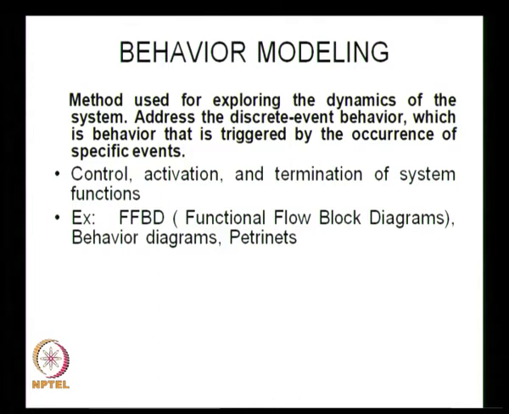We will see some of these methods and try to understand how the dynamics of the system can be modeled. We will take the FFBD first and see how to use it to model behavior.